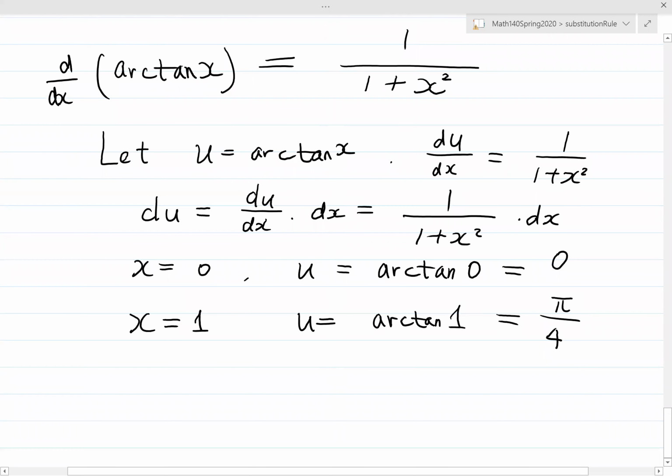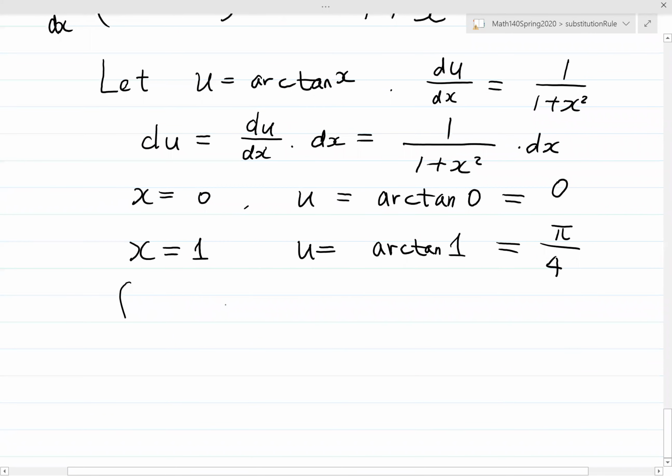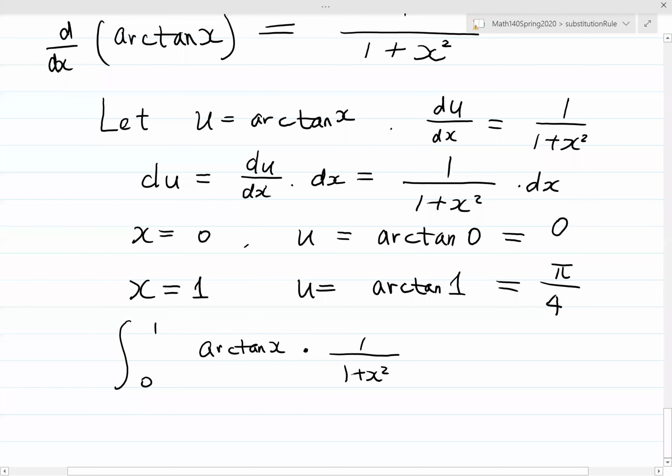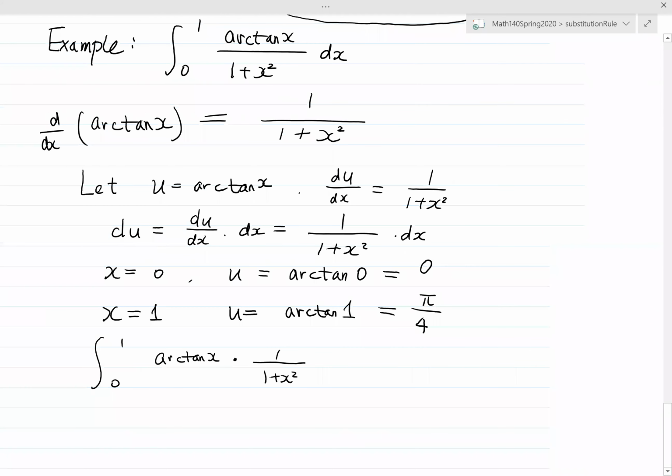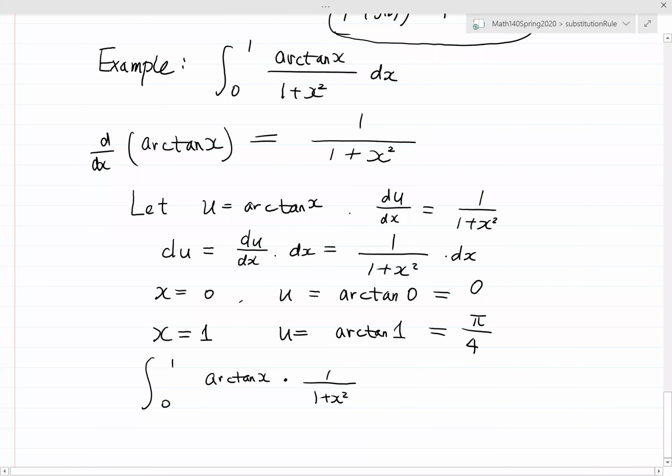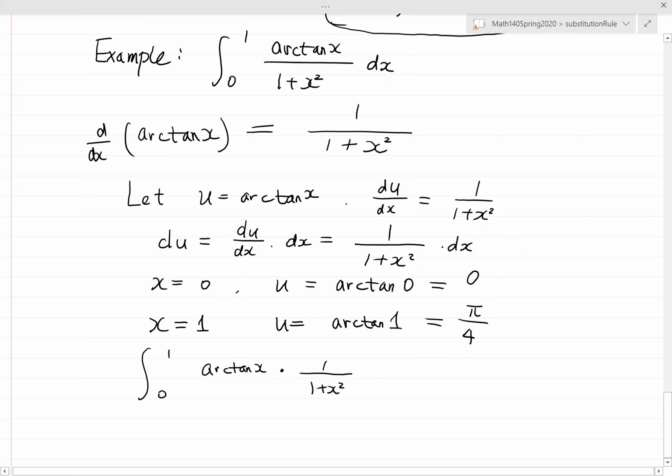Then the original definite integral will be the integral from 0 to 1 of arctan x times 1 over 1 plus x squared dx. Division we can write as multiplication: dividing by 1 plus x squared we can write as multiplying by the reciprocal, 1 over 1 plus x squared. Don't forget the differential dx.